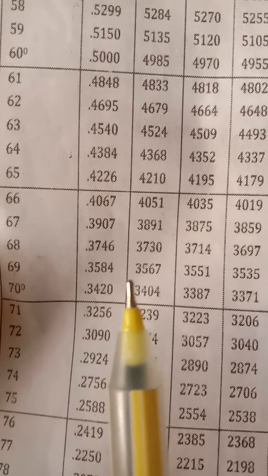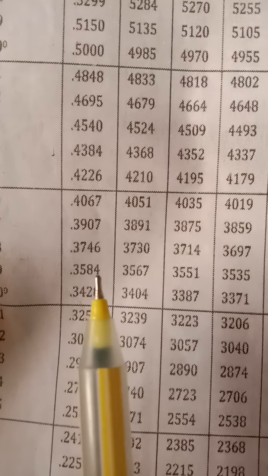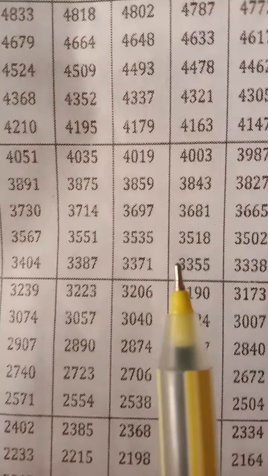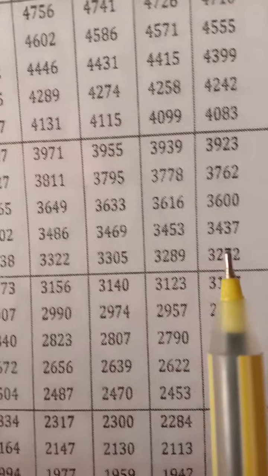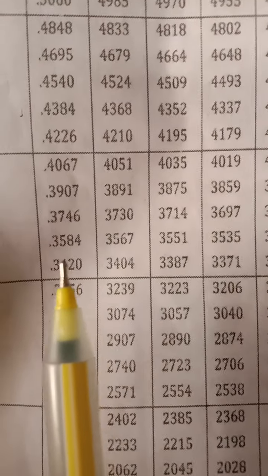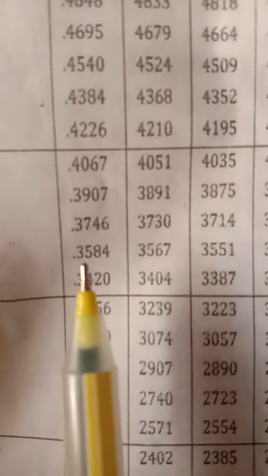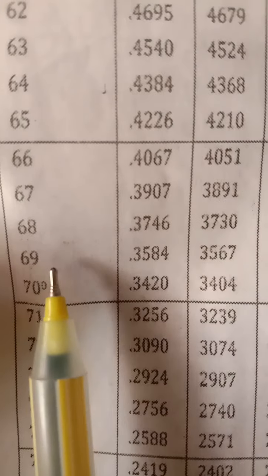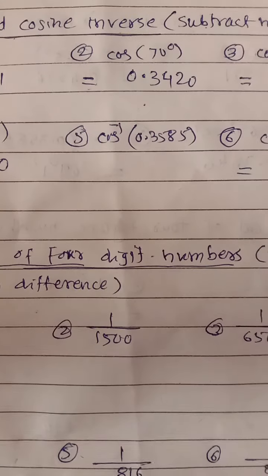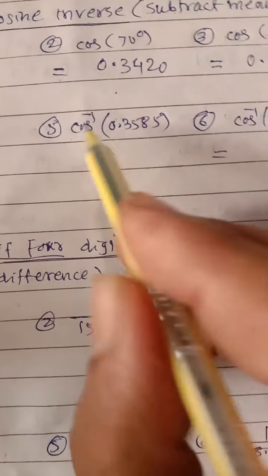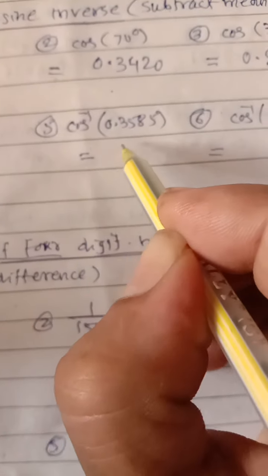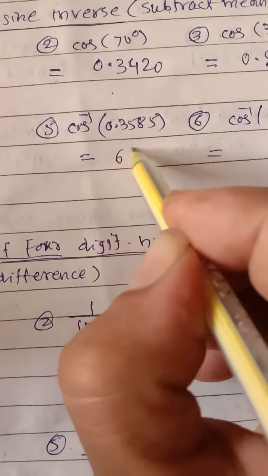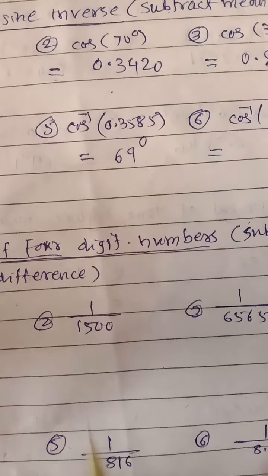Our number is given as 85 at last. If there is a difference of 1, it is the smallest difference, so as it is we will take 0.3585 as 84, and it corresponds to 69 degree, and therefore cos inverse of this will be equal to 69 degree.